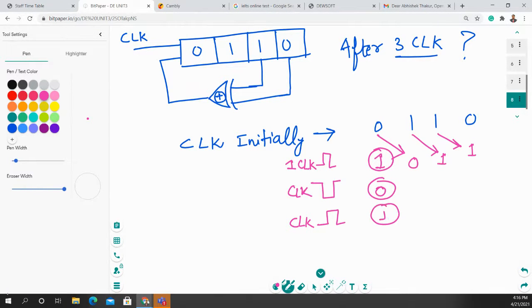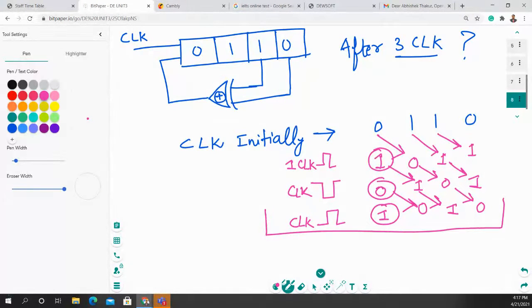In the next clock pulse, this clock is high, so you have to shift toward the right hand side. You will get 1, then 0, then 1. Again you have to shift toward the right. You will get 0, then 1, then 0. So after the third clock pulse, you will get the output like this.